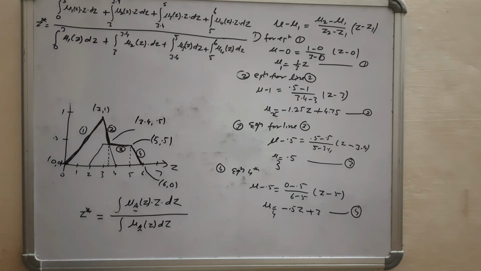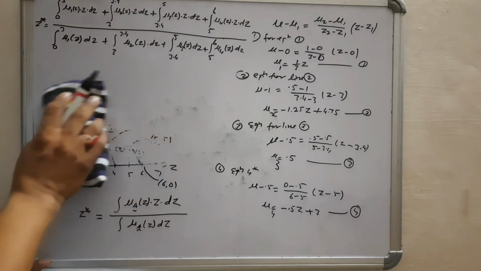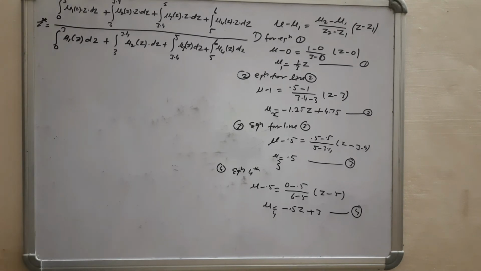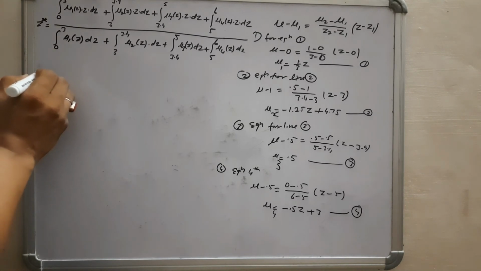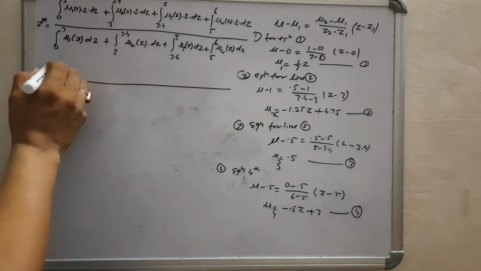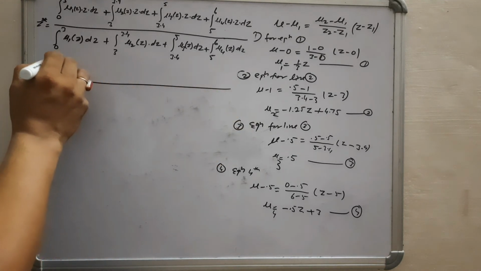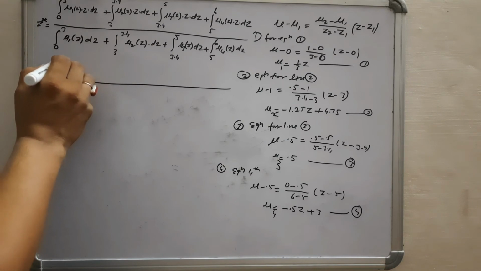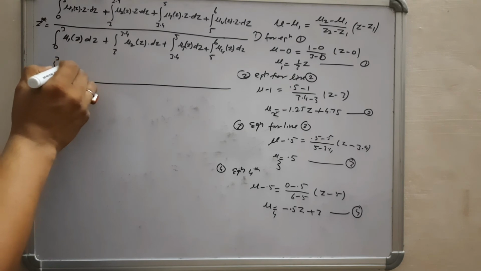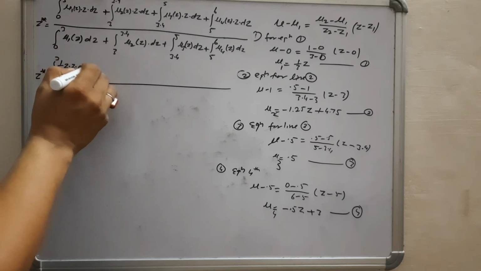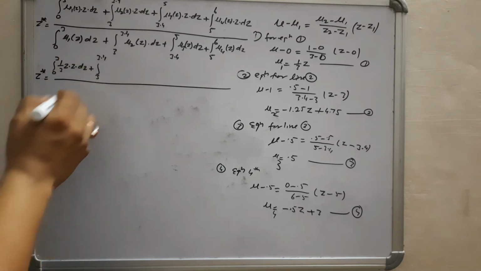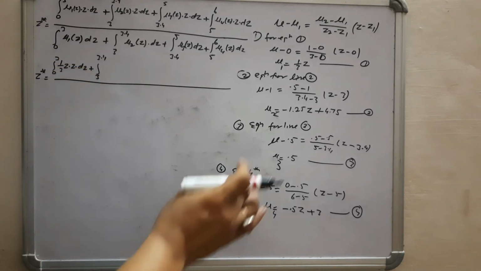So we obtain, 0 to 3, mu1 is 1 by 3 z. So 1 by 3 z into z dz plus 3 to 3.4. Now mu2 is what?